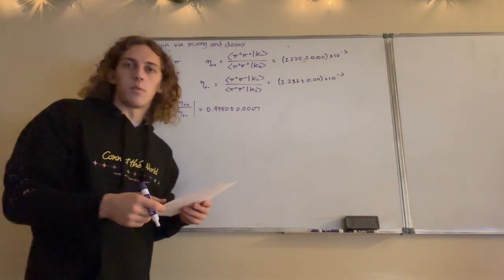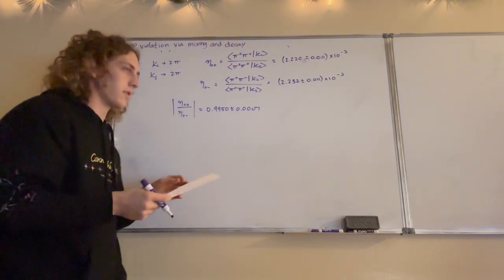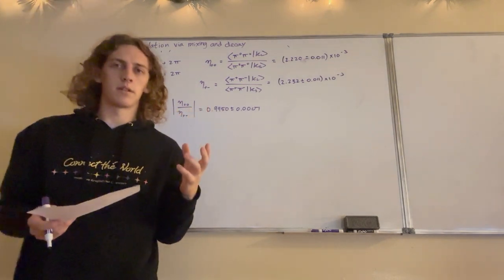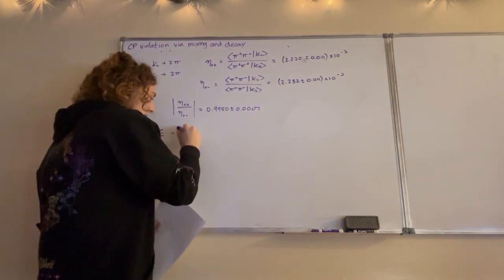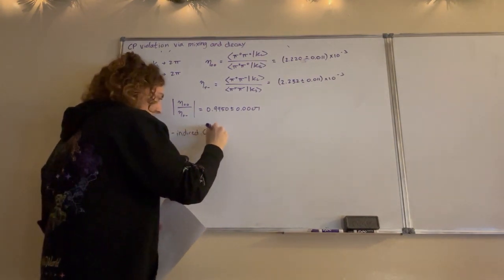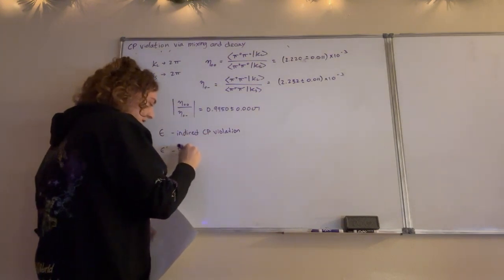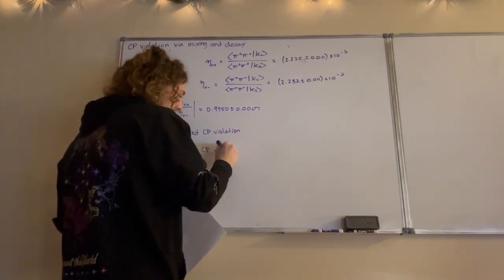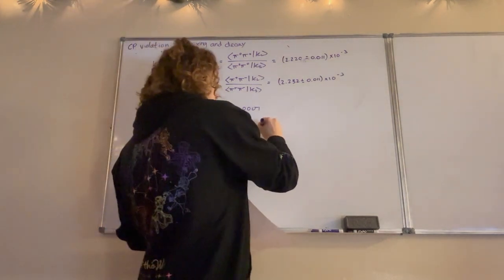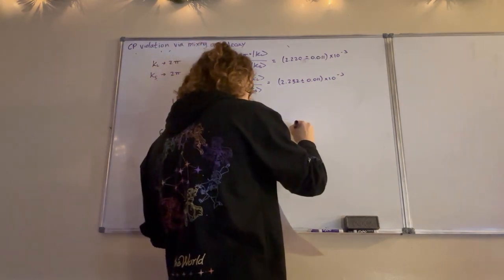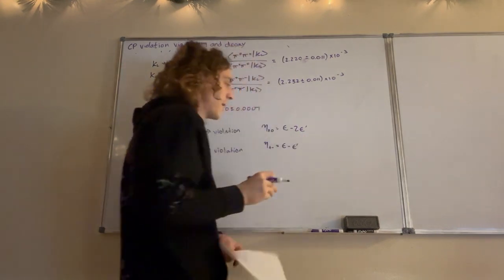Now, clearly this is not 1, but it's pretty close to 1, right? So this sort of shows that CP violation in the weak interaction is a small effect. It's a relatively small effect, primarily coming from epsilon, right? Indirect CP violation, and what we're going to call epsilon prime as a measure of direct CP violation, where we can see, based on what I wrote earlier for epsilon, that eta 0,0 is epsilon minus 2 epsilon prime, and eta plus minus is equal to epsilon minus epsilon prime.